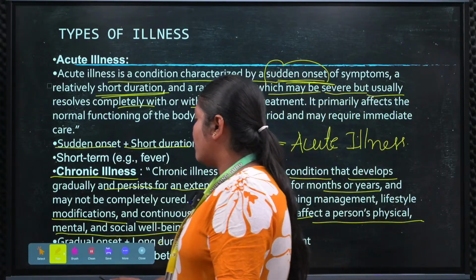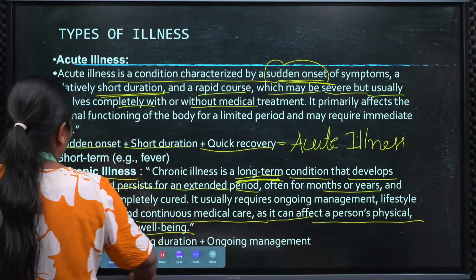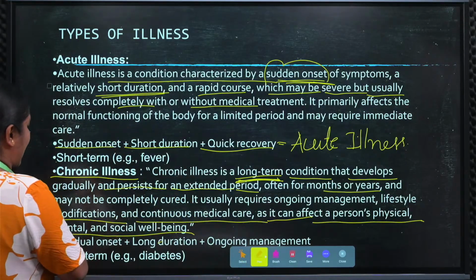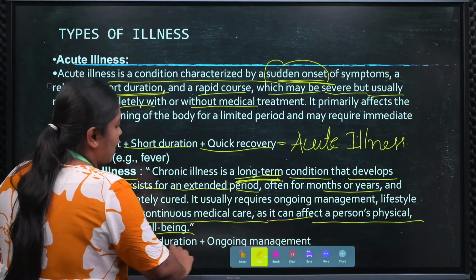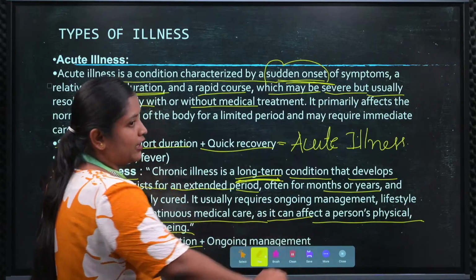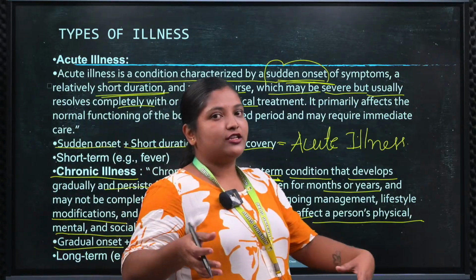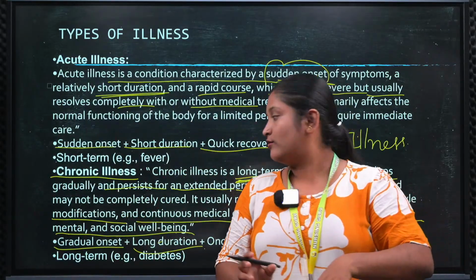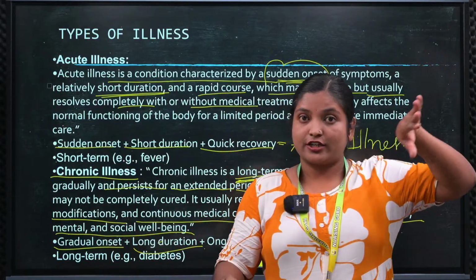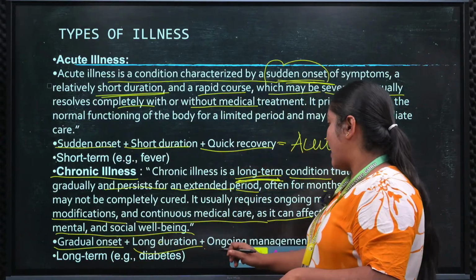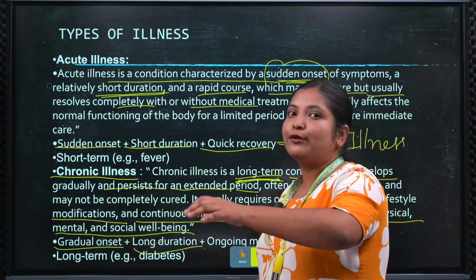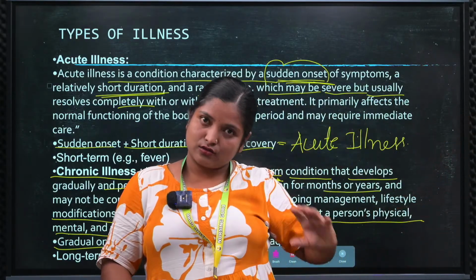So for this one I will give you a tip, that is the gradual onset plus long duration plus ongoing management. So gradually it will come, after that long duration it will take, and ongoing management, you have to take treatment for a long time.